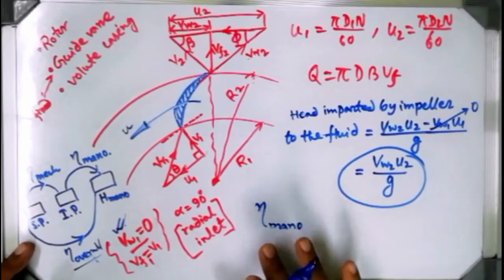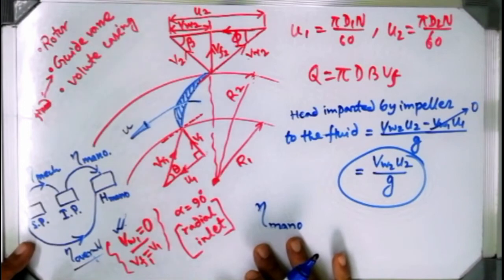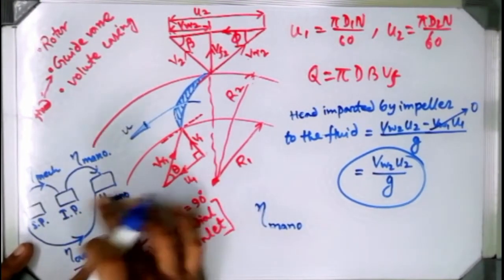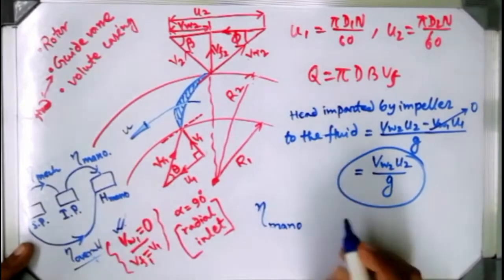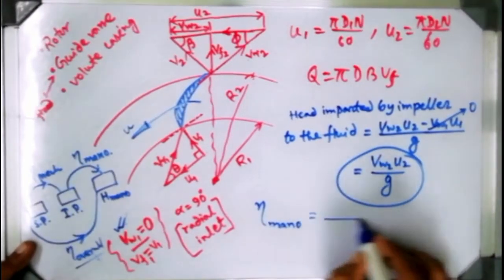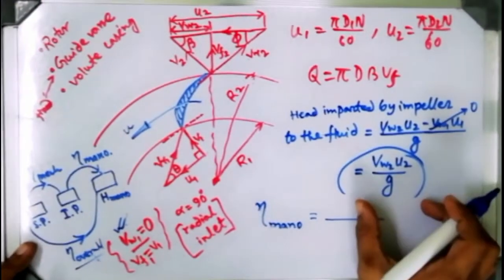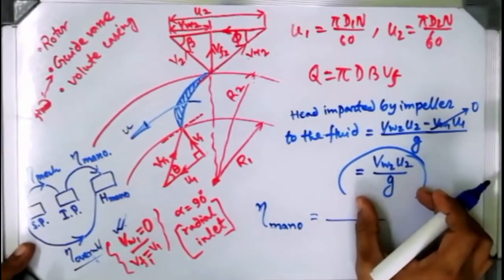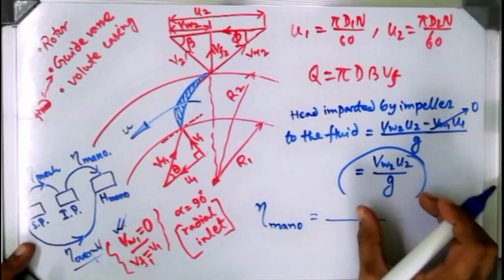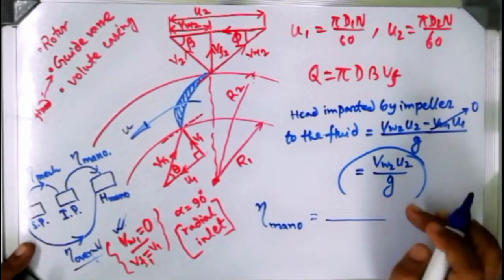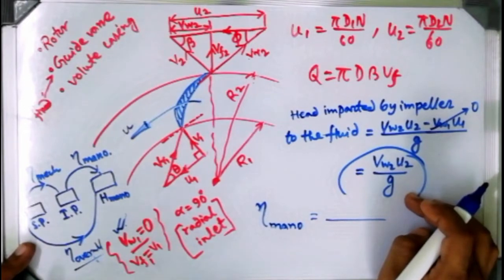Eta mano means manometric efficiency. Manometric efficiency is a relation between these two, the manometric head and the impeller power. Already I have written the expression for the actual head imparted by the impeller to the fluid; that is the impeller power.